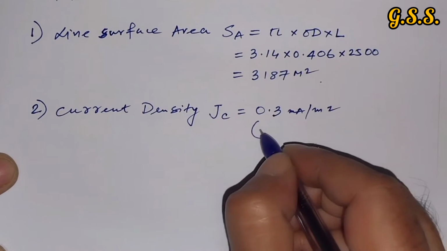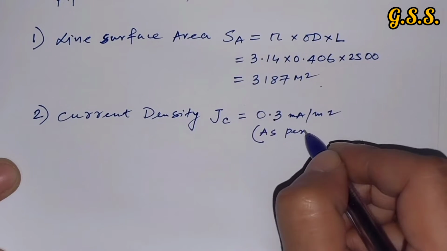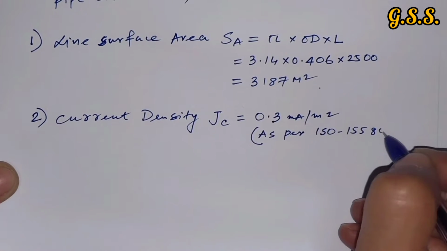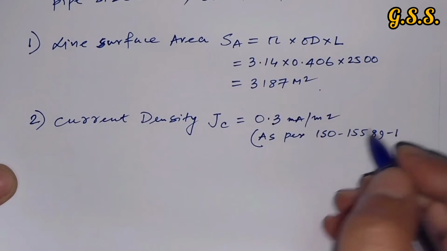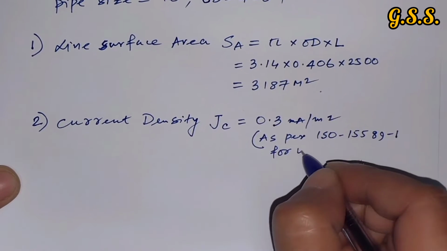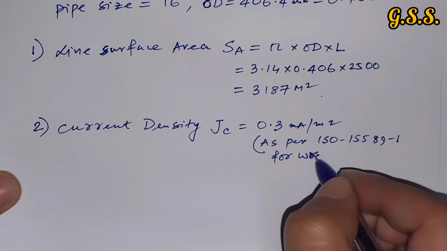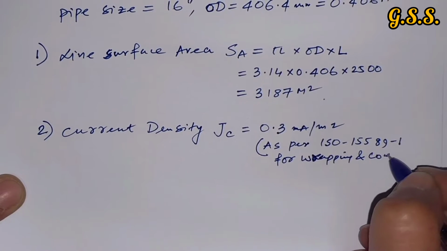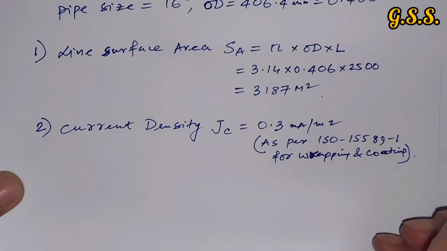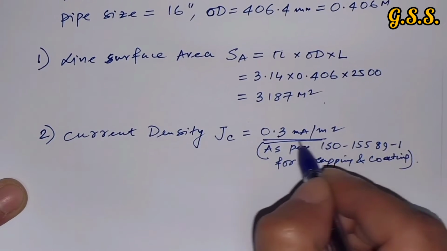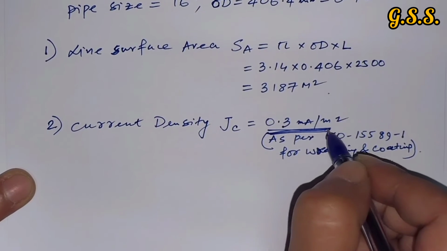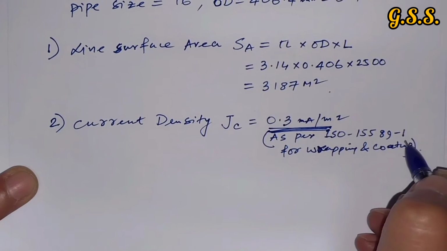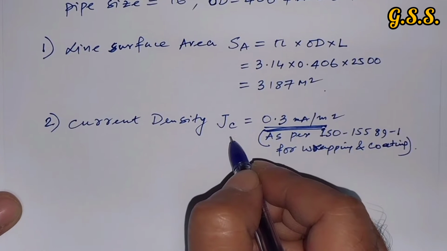This is as per ISO 15589 part 1 for wrapping and coating. This figure is for wrapped and coated pipe as per ISO 15589 part 1. This is JC, current density.